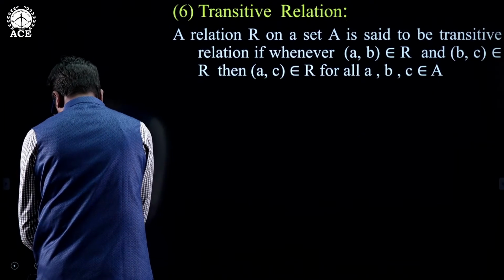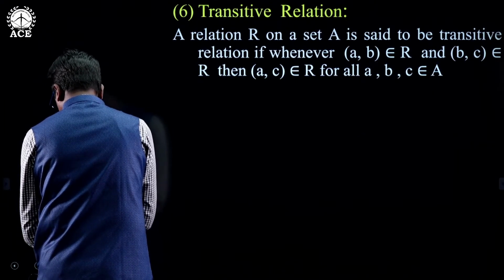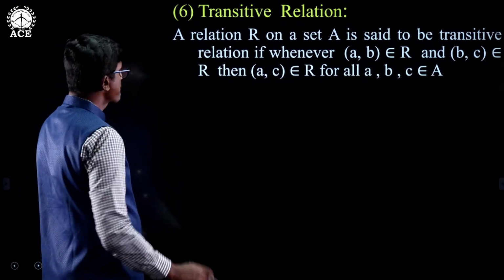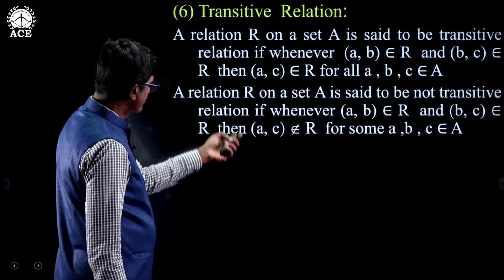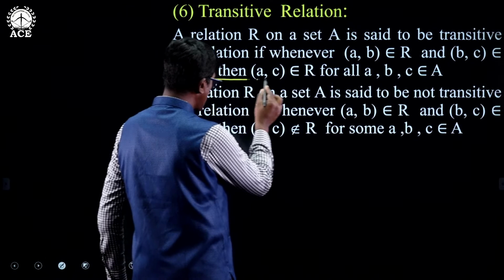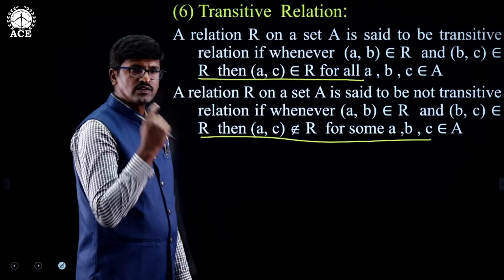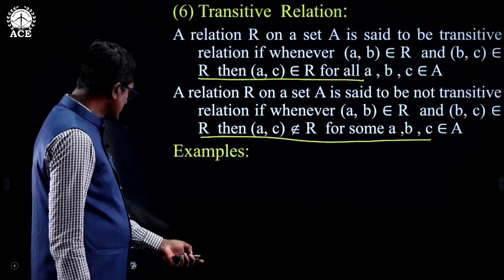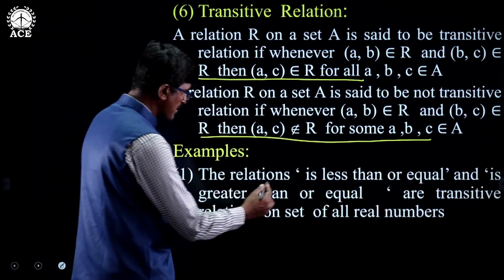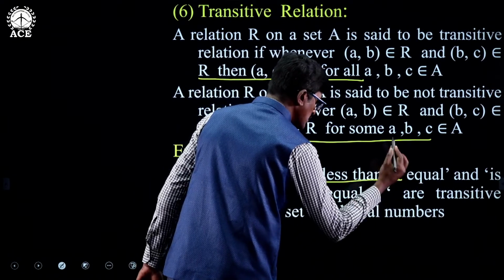Now we'll see examples for the transitive relation. This is the definition of a transitive relation, and this is the definition of a not transitive relation. Next example, same example, is less than or equal to.